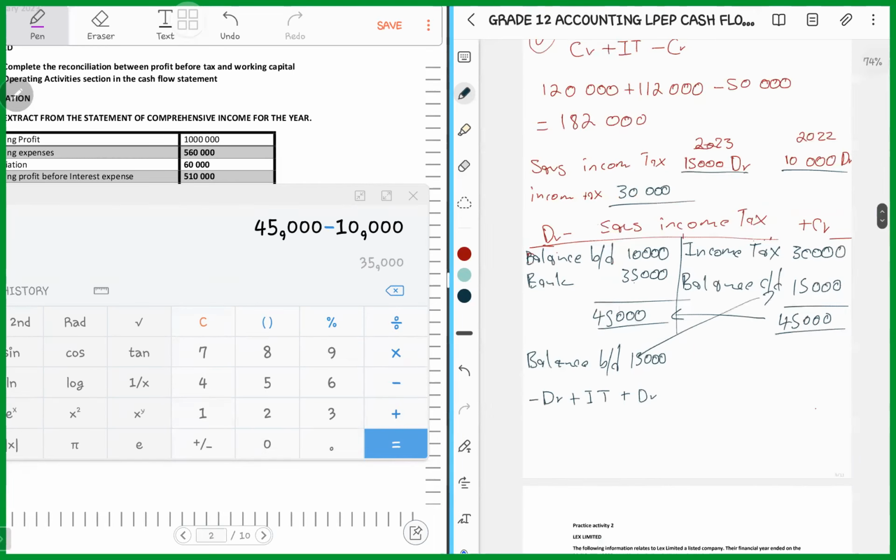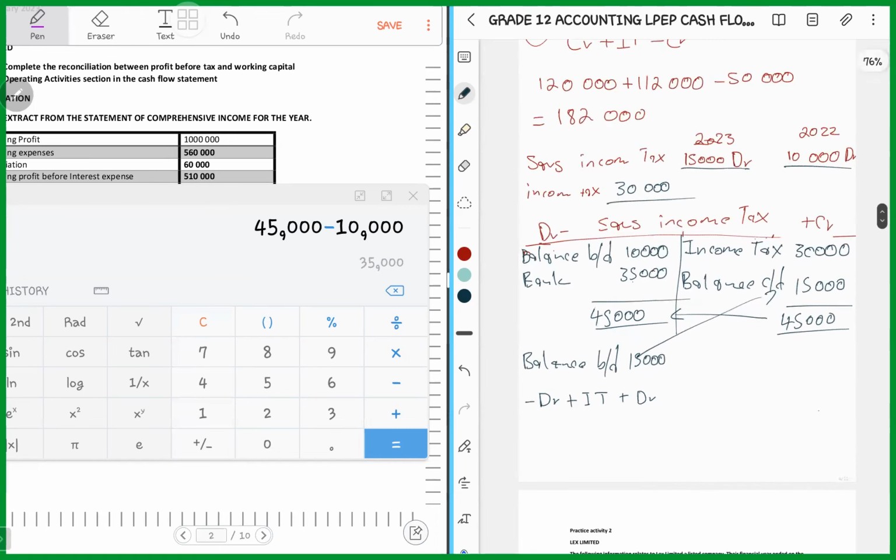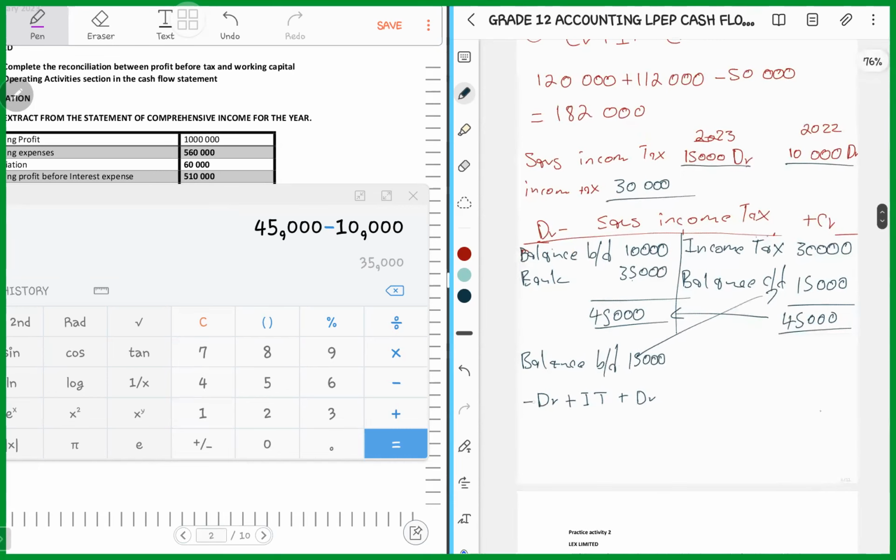Then that's how we do it. So it means it will be how much? Remember, the debit here is 10,000, so it will be negative 10,000. Then we add the income tax for the year, which is 30,000, and we add another debit, which is 15,000. That'll give us the income tax paid.